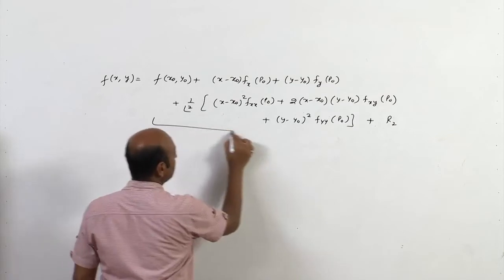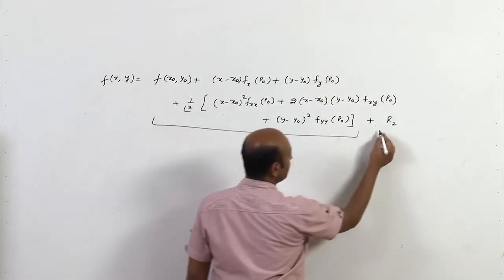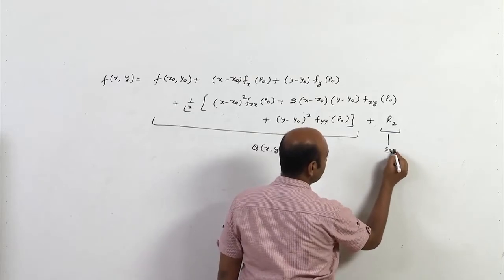So, this entire term is the quadratic approximation of this f, and this will be the error term or the remainder term.